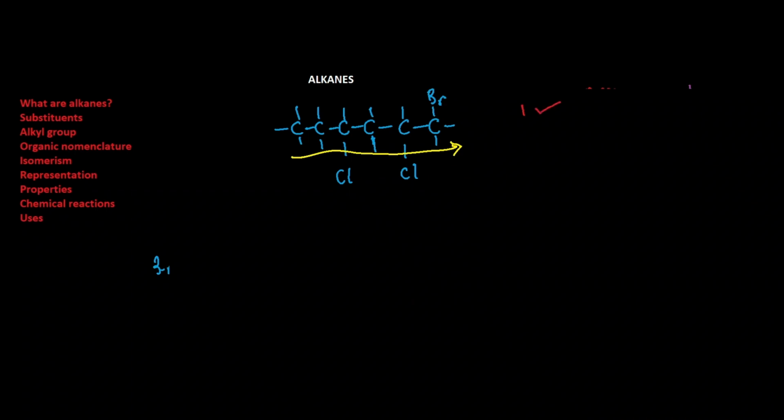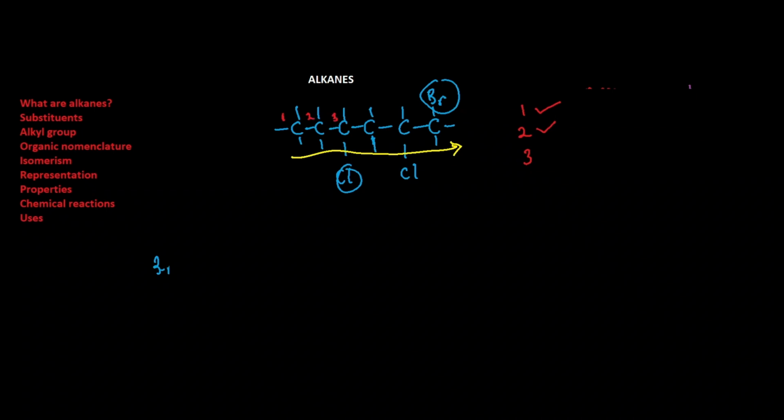Now we have identified the longest carbon chain, so step 1 is ticked. Now step 2 would be to identify the substituents. The substituents here are chlorine and bromine as identified. Now the third step, so step 2 is done. The third step now would be to identify the position. Now in identifying the position, we want to start numbering in such a way that the substituents have the lowest possible number.